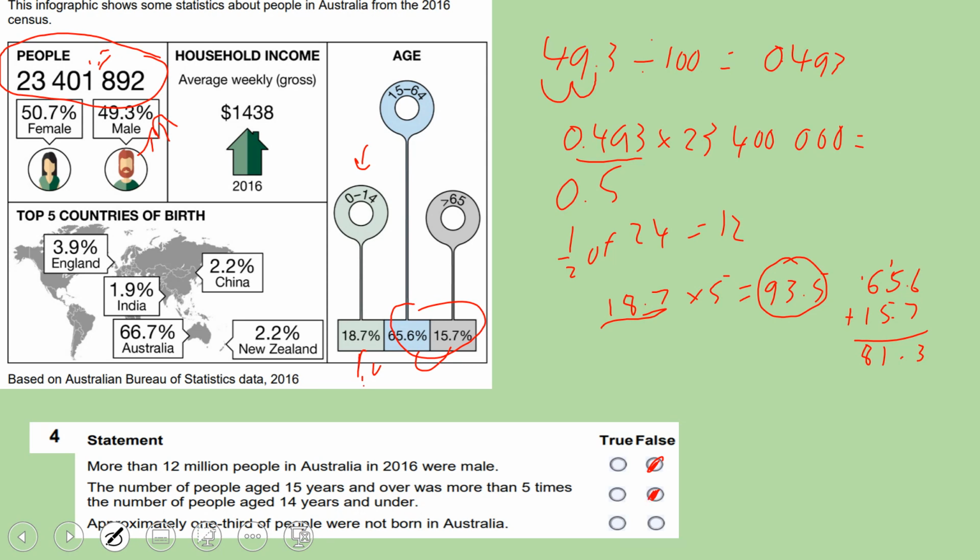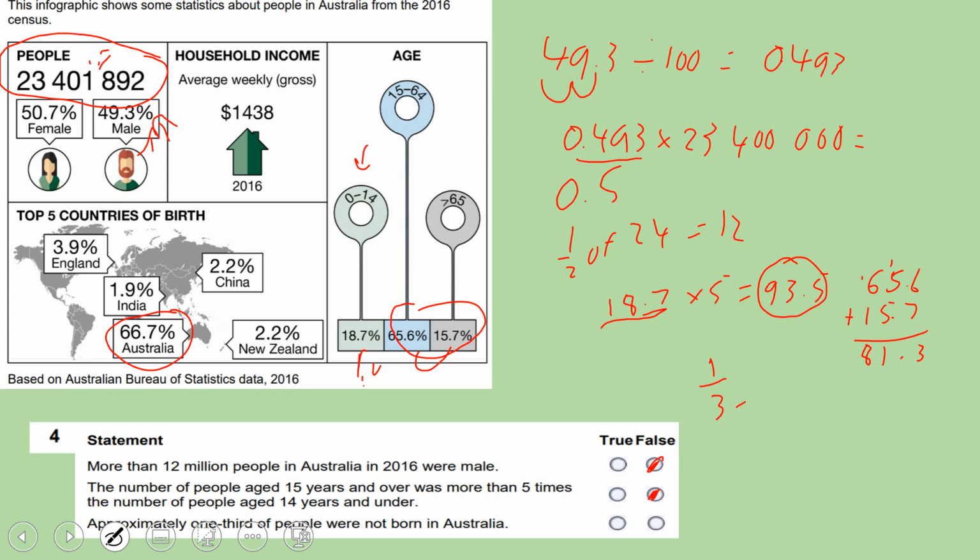And the last one, approximately 1/3 of people were not born in Australia. Well, if you know your numbers, you'll be able to see that this fraction actually means 2/3. But if you didn't know your numbers, just know the relationship that you need between fractions, decimals, percentages. 1/3, 1 out of every 3.